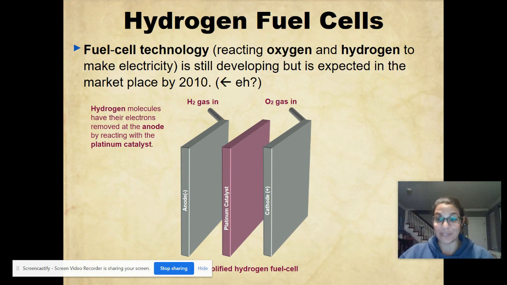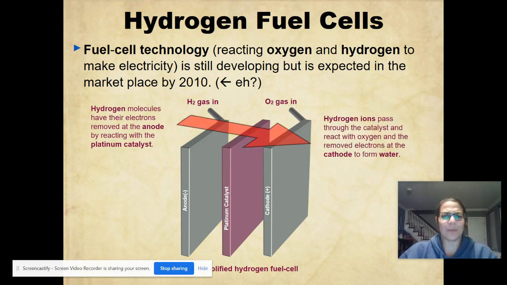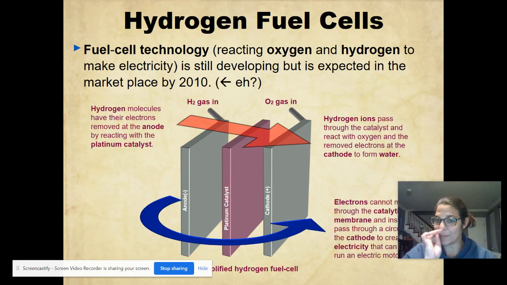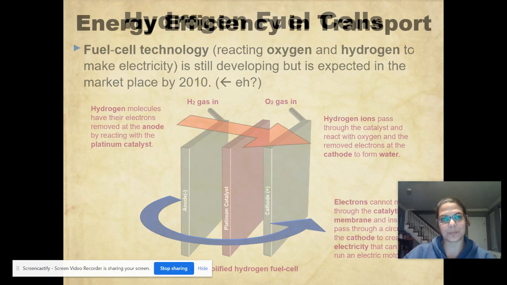But if we can figure out a way to do that, it would be super amazing. It works with an anode and a cathode, and these hydrogen ions pass through it. What it does is it messes with the electrons, just like the silica in solar panels, and that's how it actually creates that electricity.